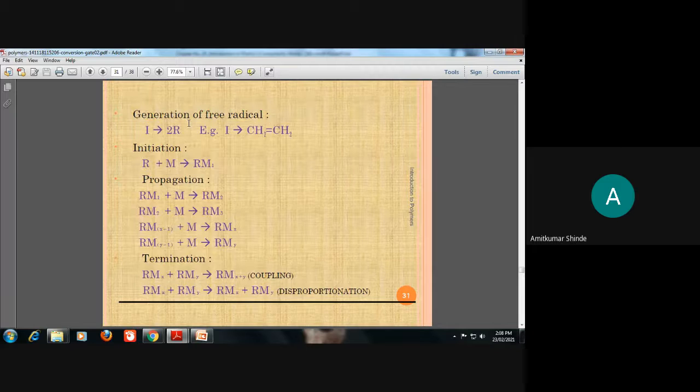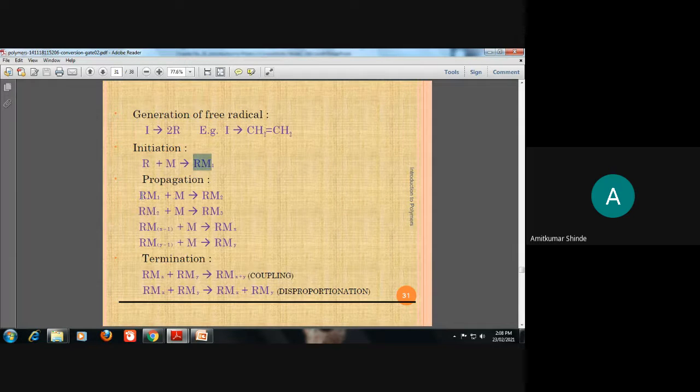Okay, this is the next slide. Here they have mentioned the three stages. This is the initiation process. Here this is our monomer, and it will combine with the free radical. R combines with M, and it will form RM1.